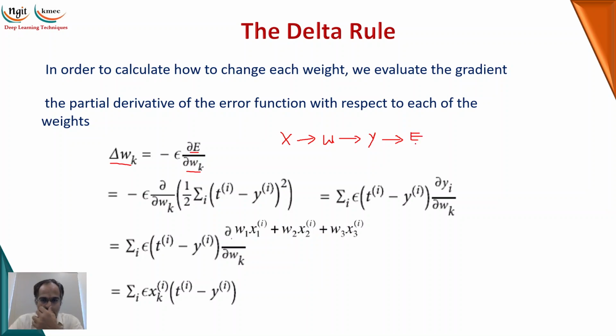Now what we have to do is find the derivative of E with respect to W. That is what we are doing in this. As we have discussed the derivation part, we are applying the E here, and this term is involving the W term.